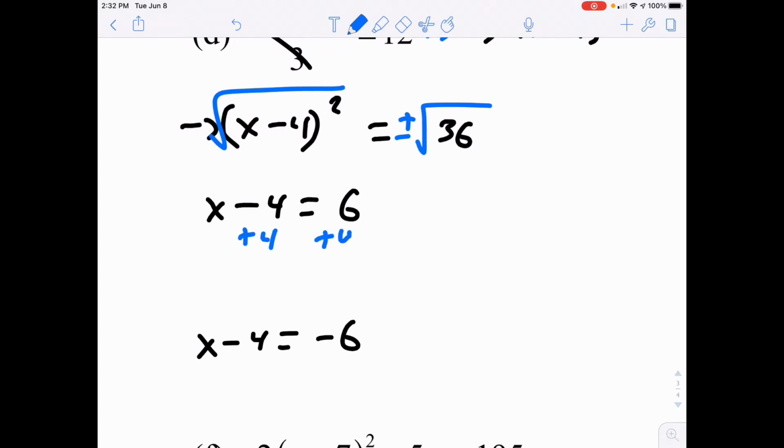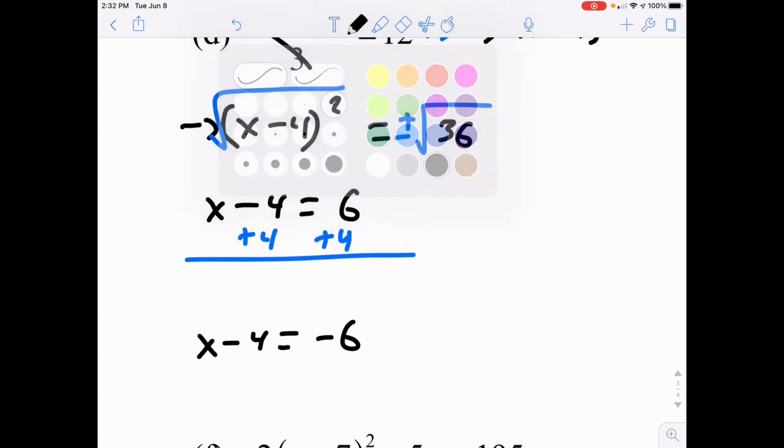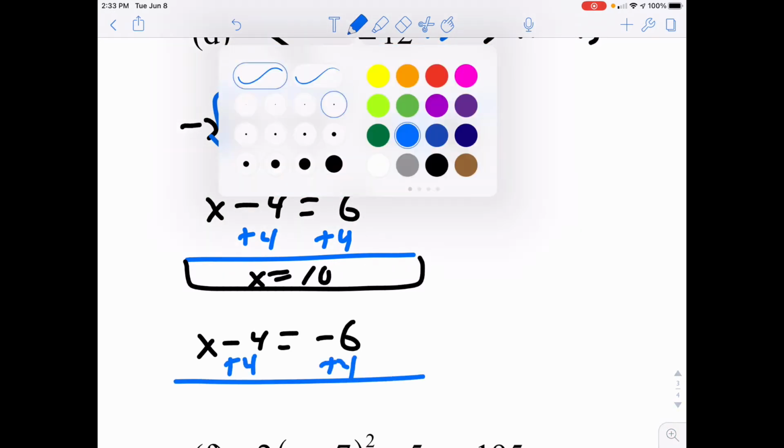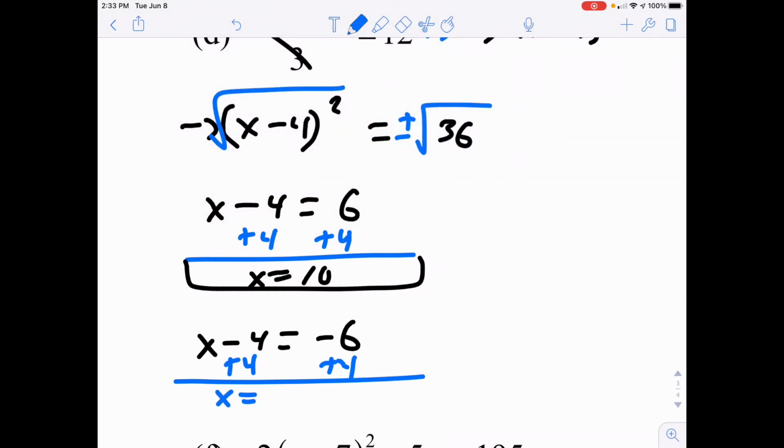Add 4 to both sides. And x equals 10. And x equals negative 2.